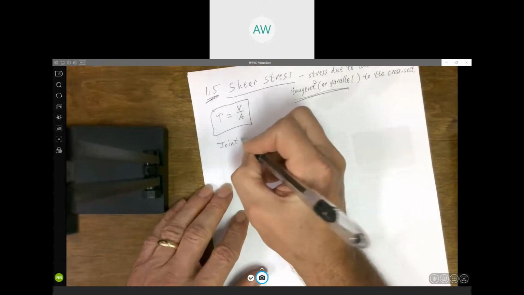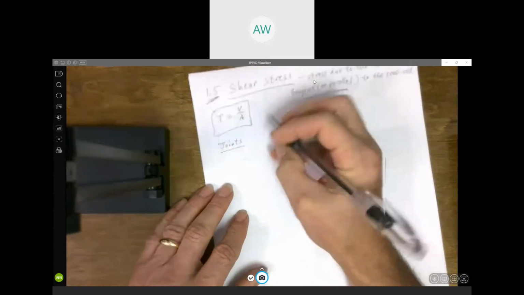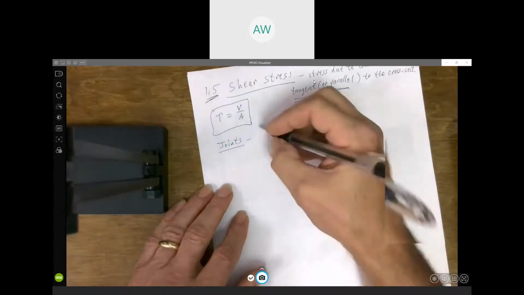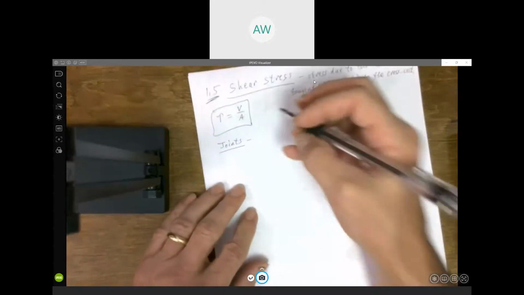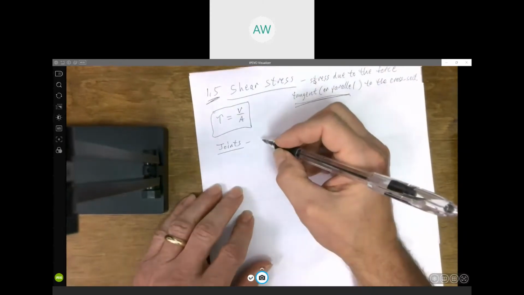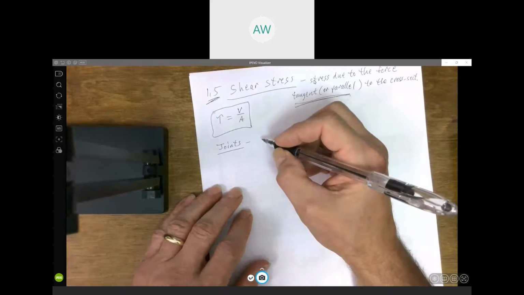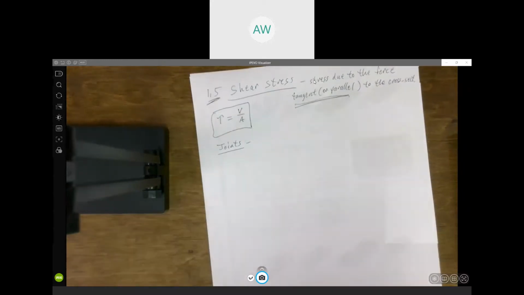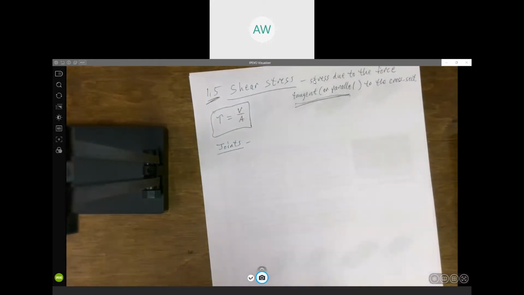Again, we're going to see things joined together by using pins or bolts or rivets or screws or nails, maybe even glue.